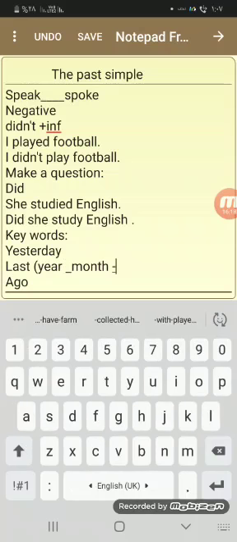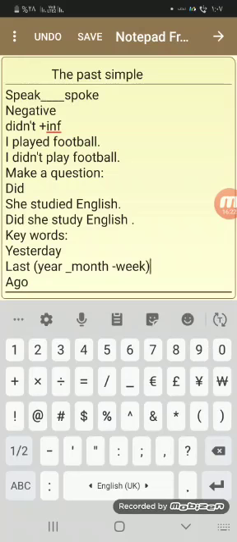The third word. Ago. For example, I say 3 days ago, 2 weeks ago, 2 months ago, and so on. These 3 words come with the past simple.